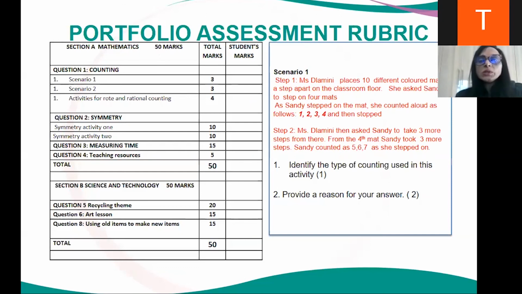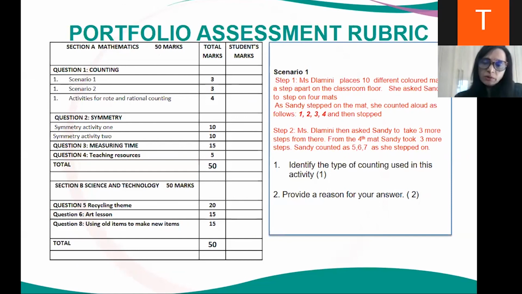Now, this is what your assignment portfolio assessment rubric looks like. Many of you do not know what an assessment rubric is or what it's meant for. An assessment rubric tells you in advance how you are going to be assessed, okay?